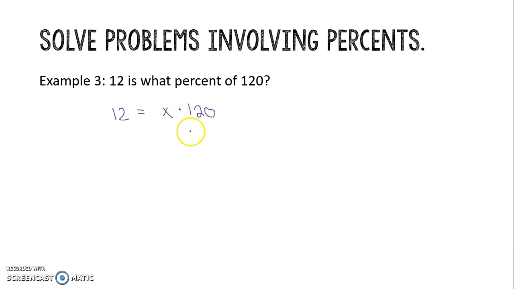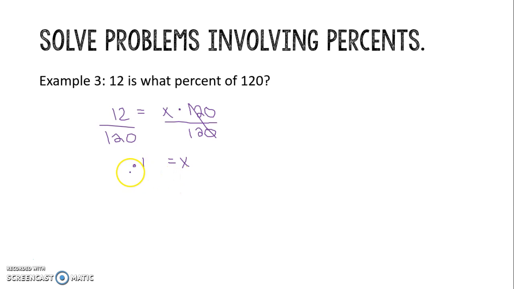Now, once again, we know that in order to get rid of the multiply by 120, we need to do the opposite, which is divide by 120 on both sides. So that'll eliminate that. We get x is equal to 12 over 120, which is going to give us 0.1.